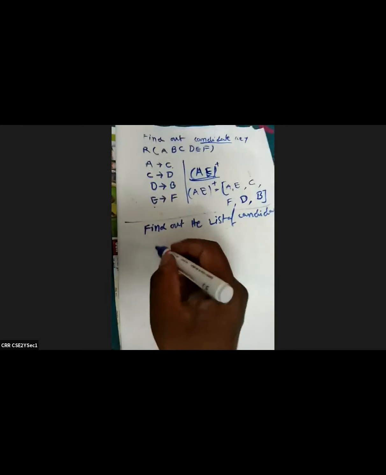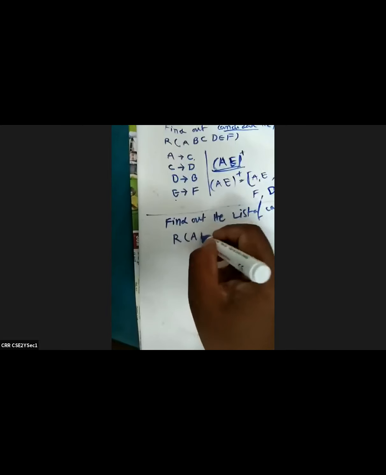And now the question is R of A, B, C, D, E, F, G, H. Next, what are the functional dependencies? Functional dependencies are CH to G, and A to BC, B to CFH, and E to A, and F to EG.